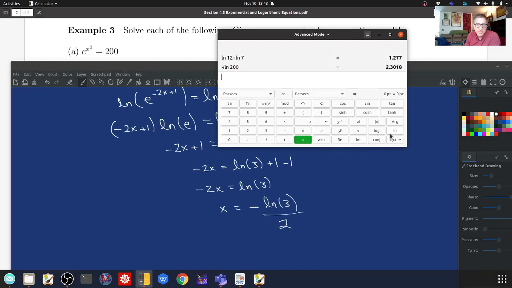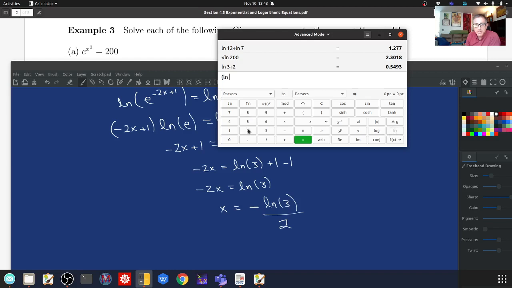What I'm going to do is I'll just do the log of 3 divided by 2 and change the sign. And the reason I'm doing that is I'm uncertain about that. Did that take the log of 3 divided by 2? Or did that take the log of 3 and then divide it by 2? So let's do it the way that I know will be correct.